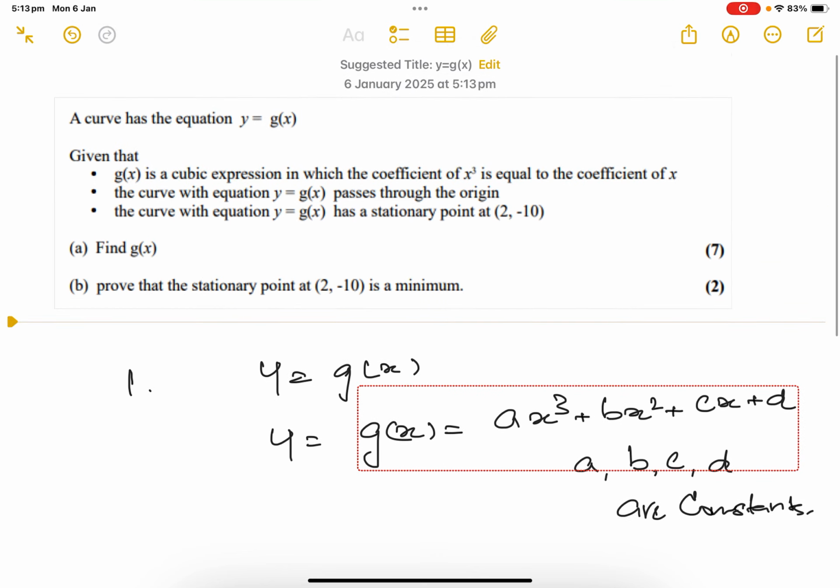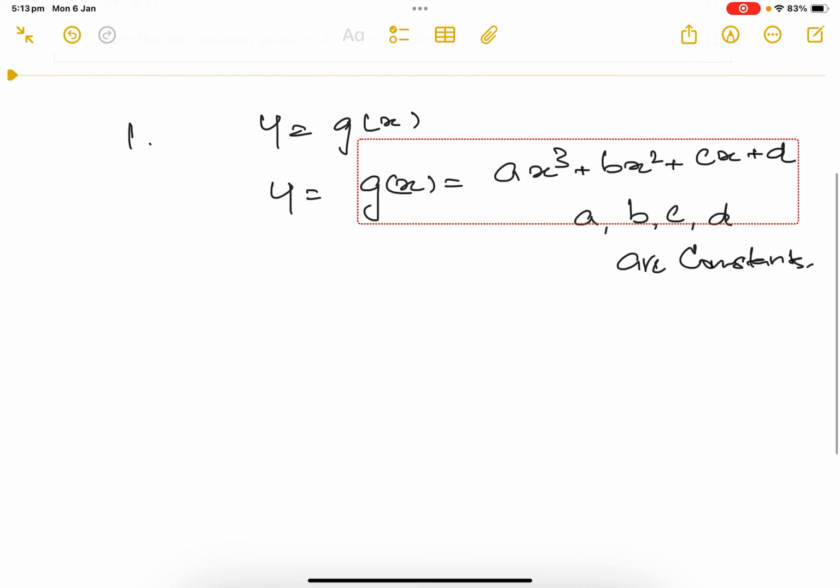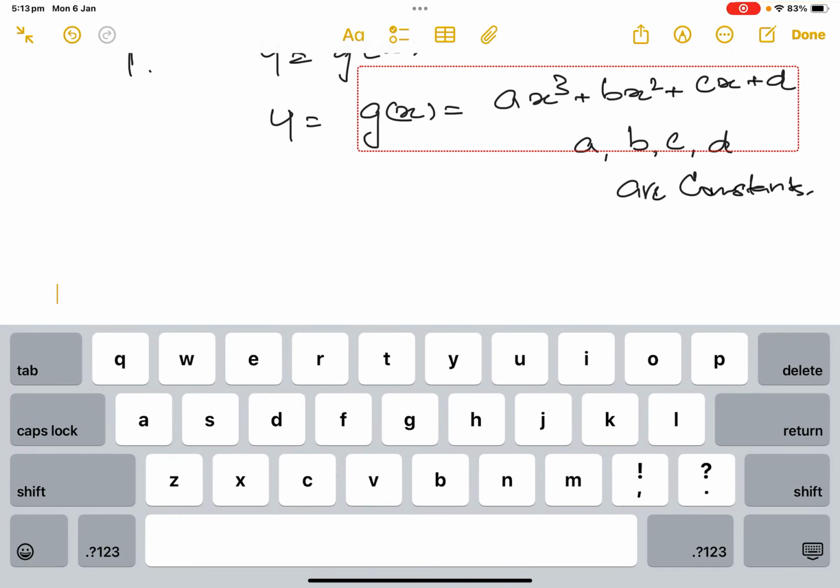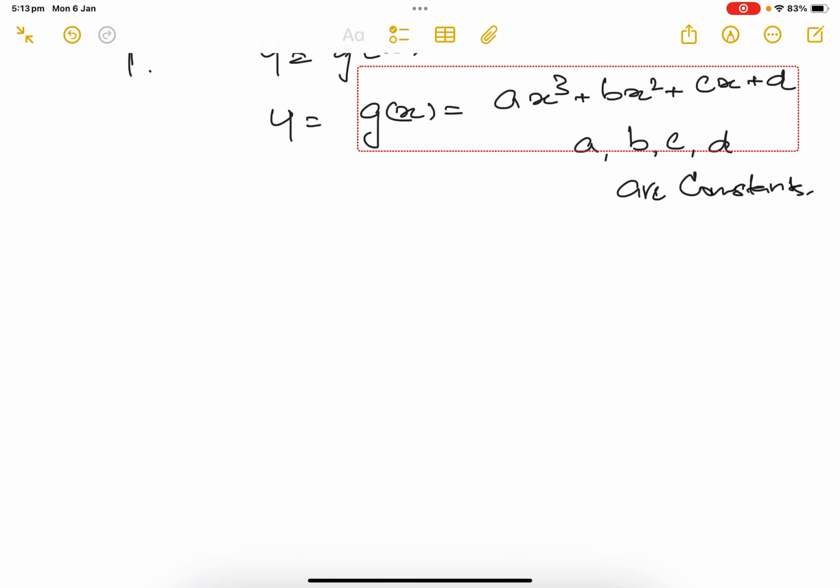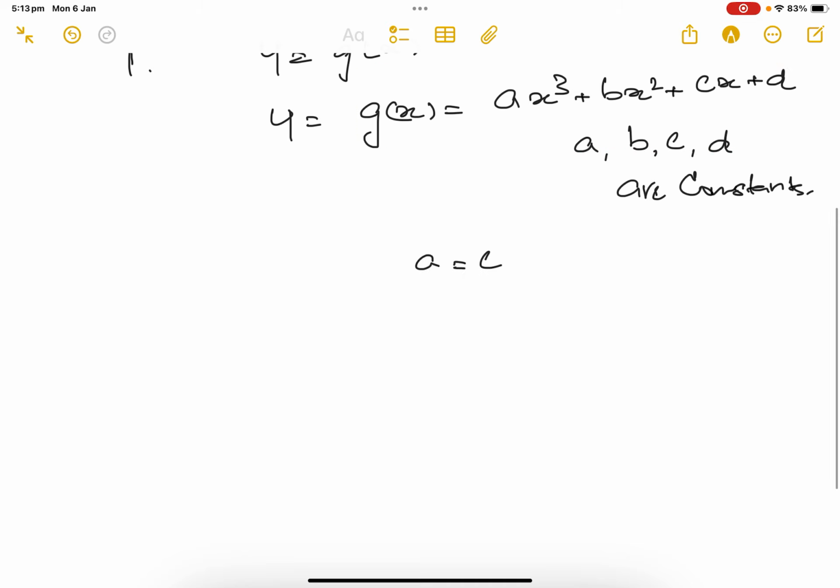Let's read the second part of the first line. The coefficient of x cubed is equal to the coefficient of x. That means, from the curve's equation, the coefficient of x cubed equals the coefficient of x. Therefore, a equals c.